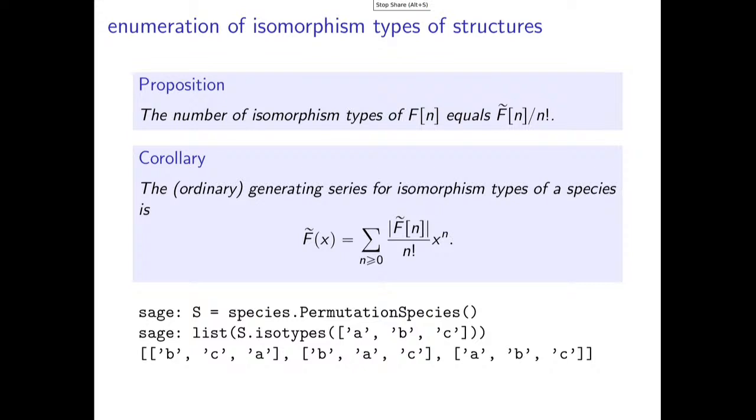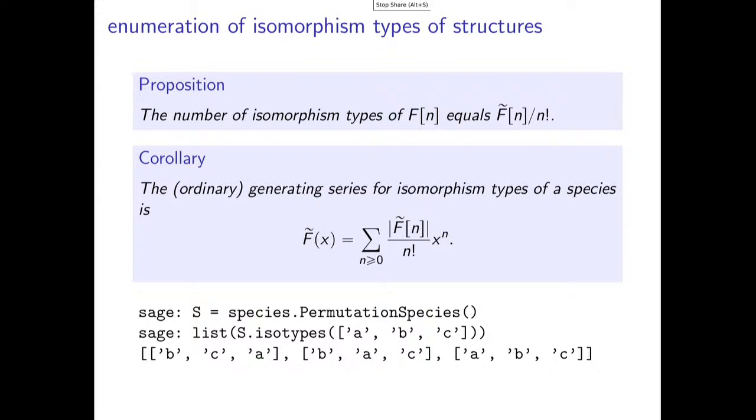And there should be vertical bars here, I mean the number of tilde structures. And then you get the so-called ordinary generating series. And of course, this is also implemented in Sage.